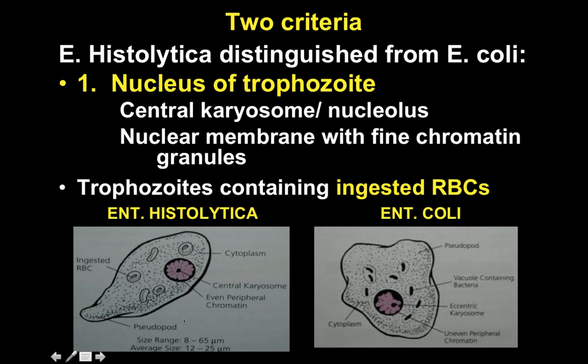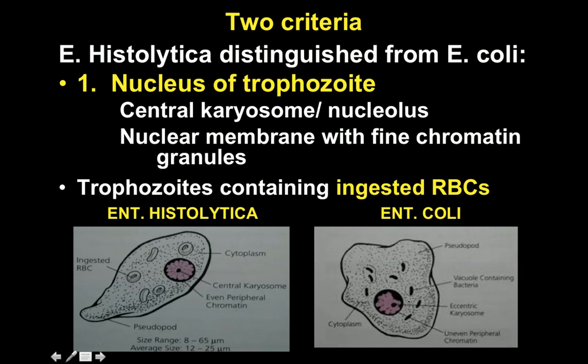Two criteria are utilized to distinguish between Entamoeba histolytica and Entamoeba coli. Number one is the nucleus of the trophozoite, and I have done this in the previous lecture as well. This is Entamoeba histolytica, and here you see Entamoeba coli. Look at the nucleus. Here the nucleus has a central karyosome, and the nuclear membrane has fine chromatin granules.